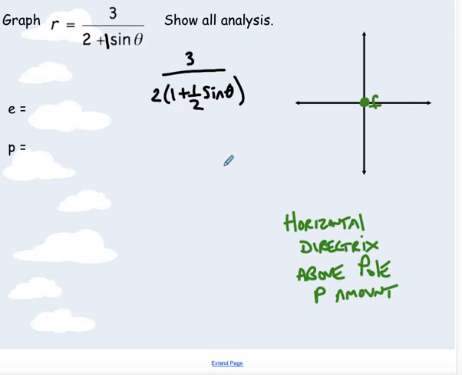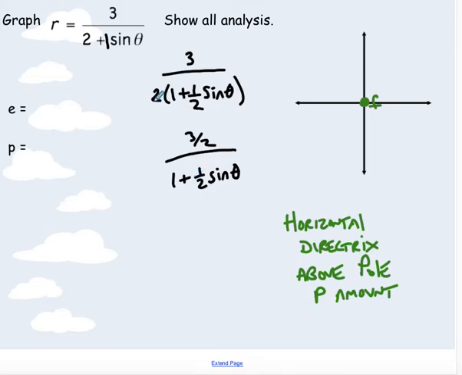sine theta. Now, instead of 3 on the top and 2 on the bottom, I could write it as 3/2 and then 1 plus 1/2 sine theta. So these are congruent, or equal statements.